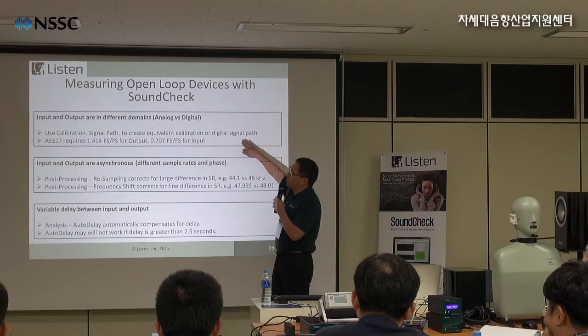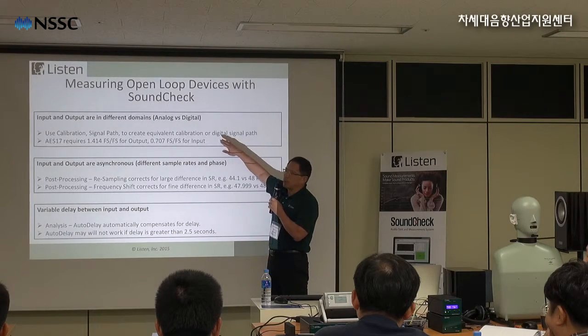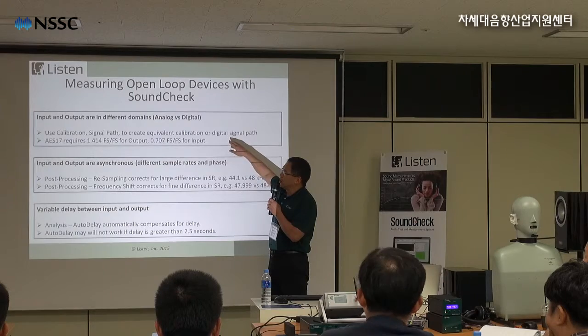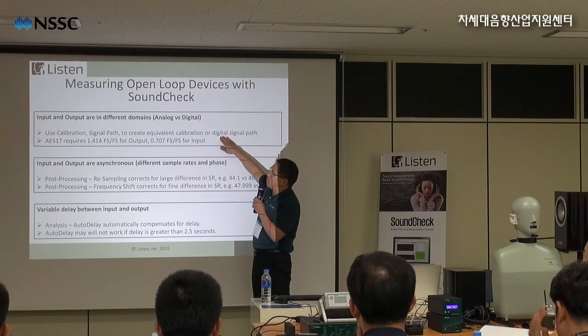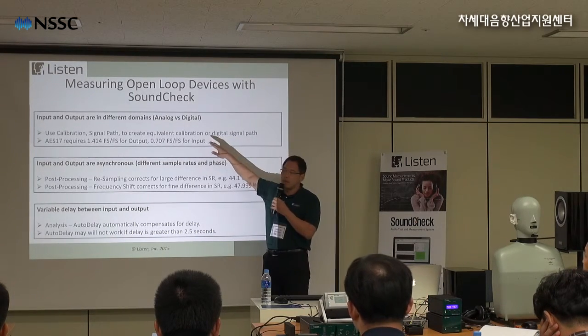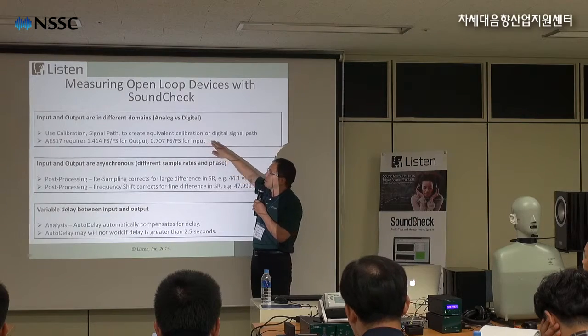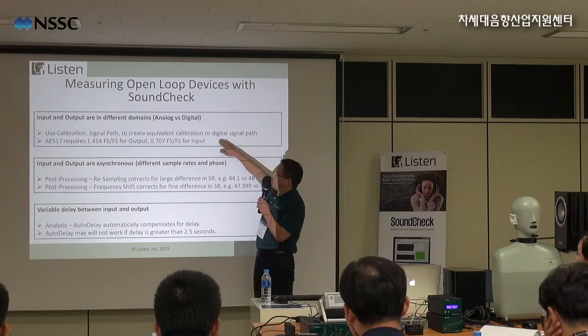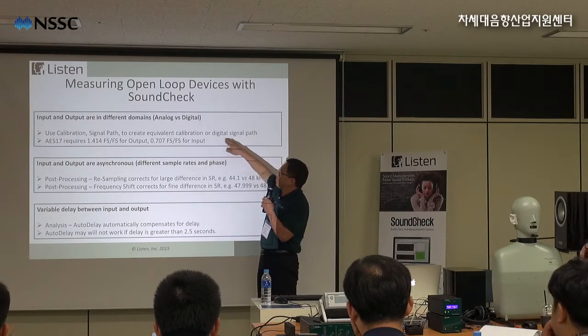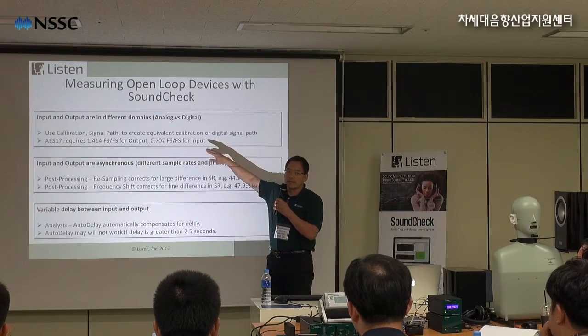So when you have input and output in different domains, analog versus digital, you have to be careful about your calibration, and you have to set up your signal path. You have to basically create equivalent calibration based on the type of signal you're getting.